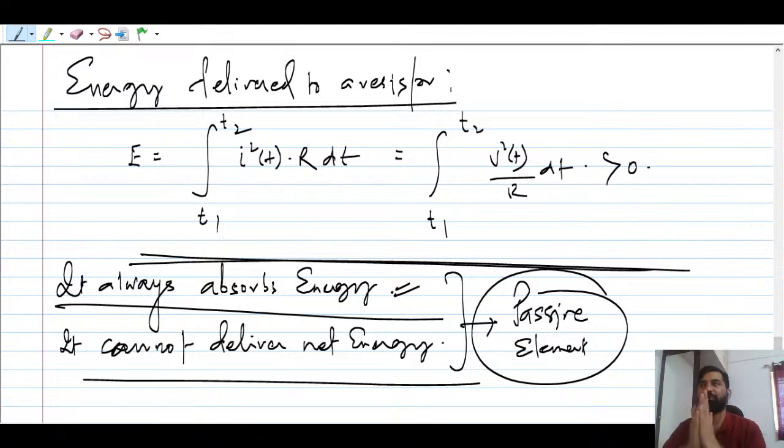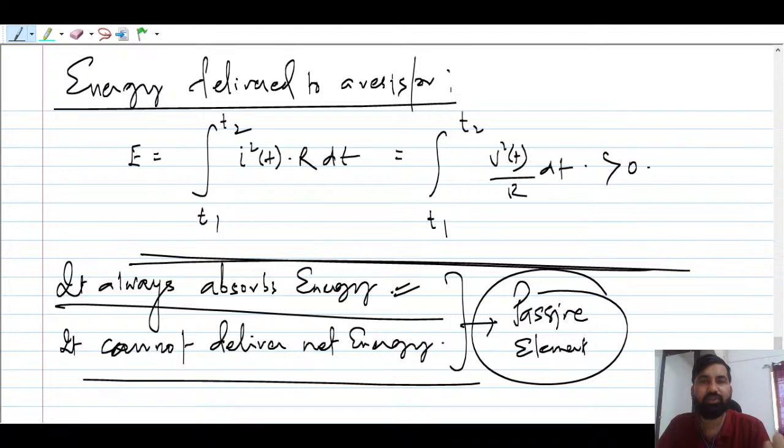If the IV characteristic is given, there are many questions that will be asked to you, like whether a diode is a passive element or an active element. If you know the IV characteristic of any element, you can tell whether something is delivering power or absorbing power.